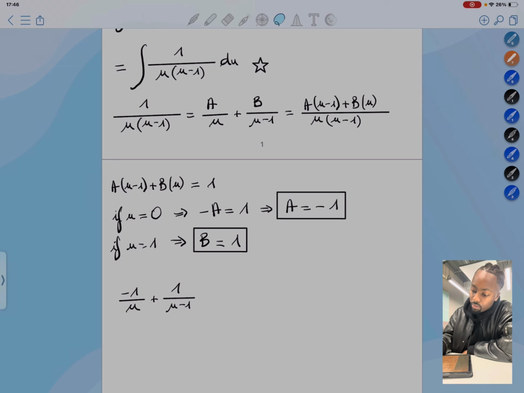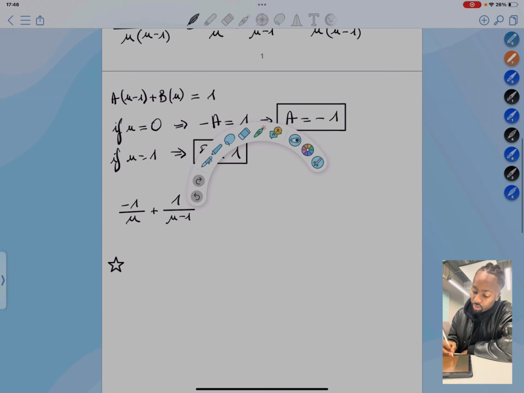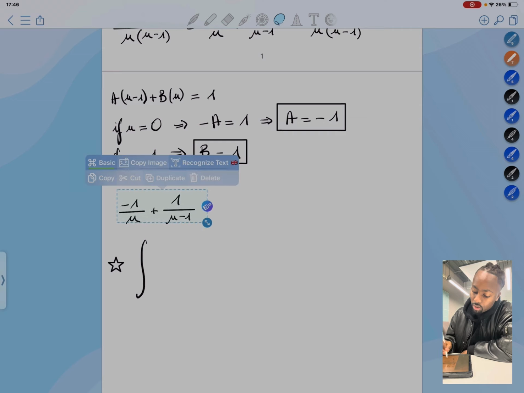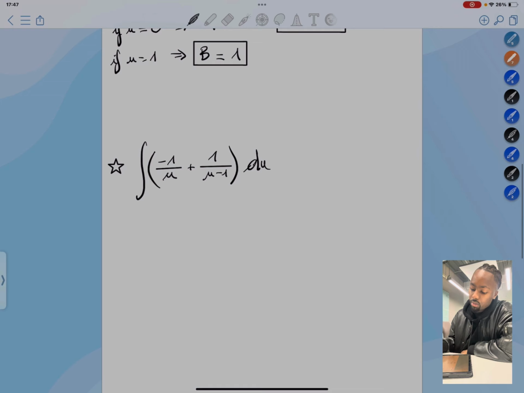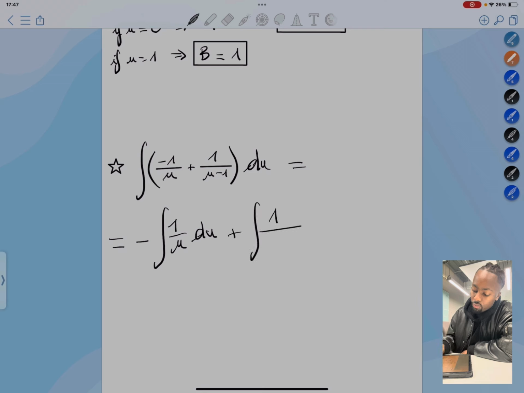So our integral is the integral of this one here with respect to u du. Now this is equal to, we take the minus outside, so this is minus integral of 1 over u du plus the integral of 1 over u minus 1 du.